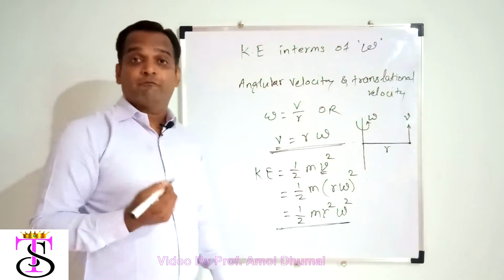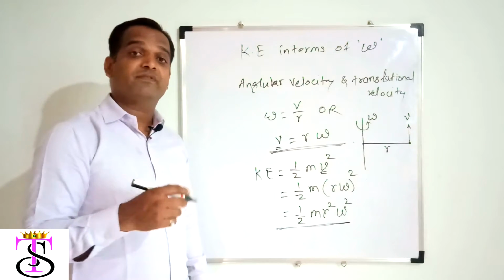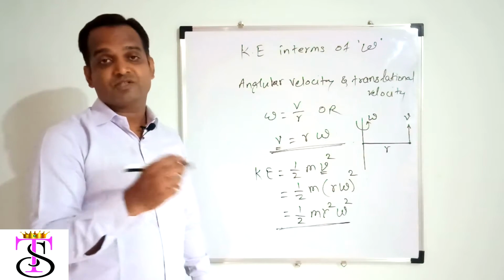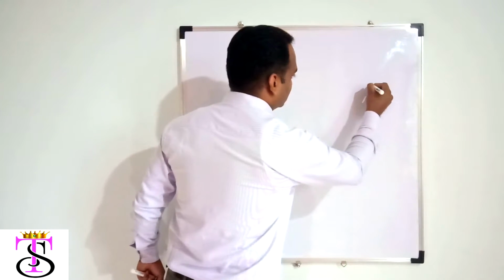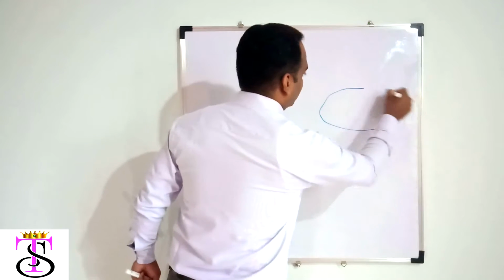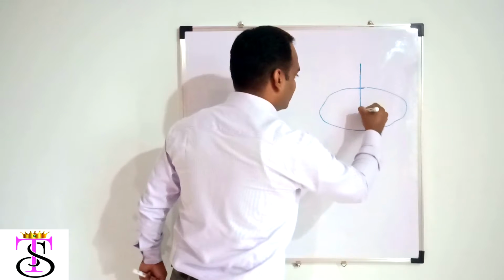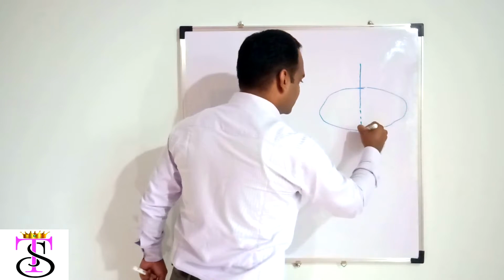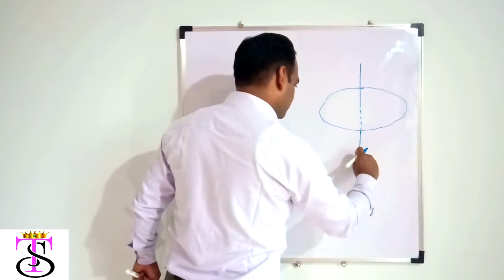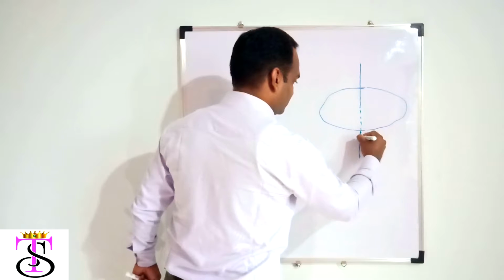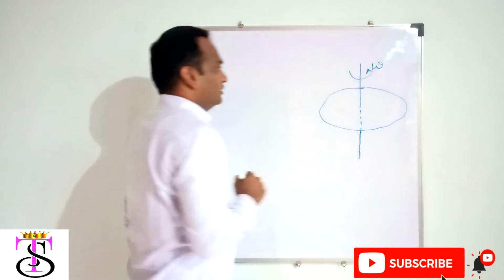So what if the body contains a number of particles which are at different radii from the axis of rotation? Let us consider a body which is rotating about an axis with angular velocity omega.